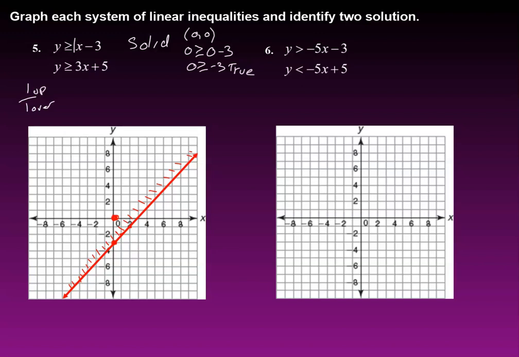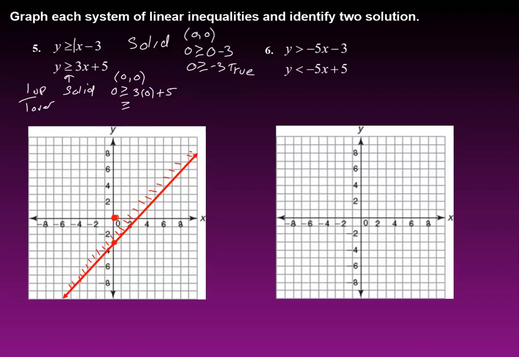Now we're going to look at the second equation. Our second equation is also solid. Okay, and if we check 0, 0 for that one, we get 0 is greater than or equal to 3 times 0 plus 5.